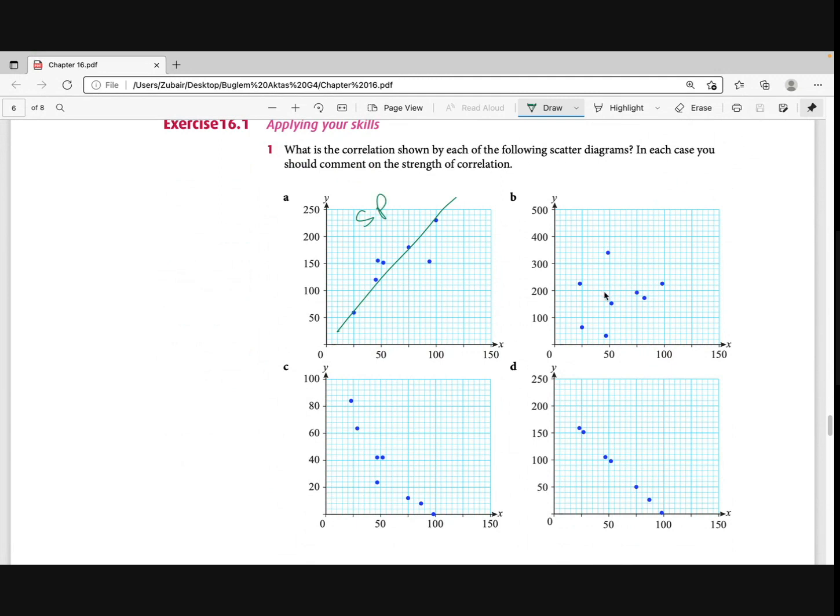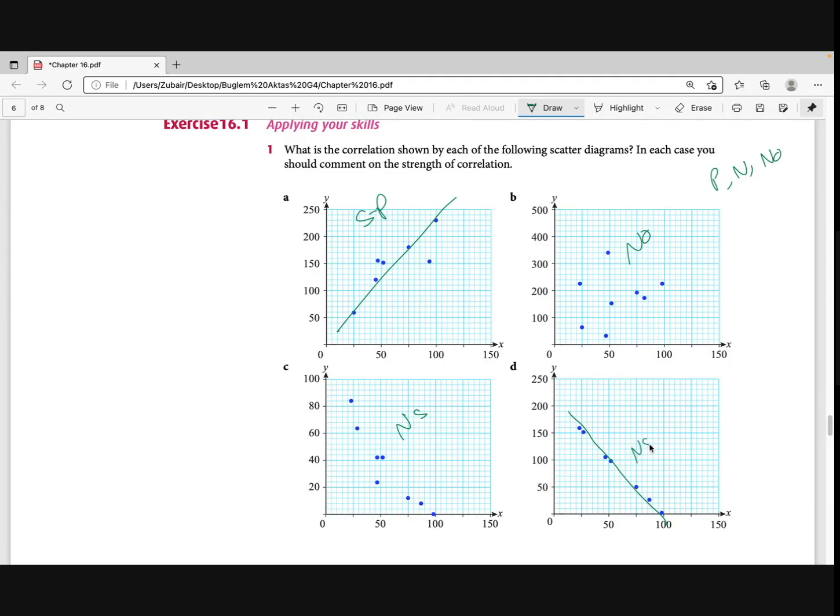Second one, weak positive. We had options positive, negative, and no correlation. Then no correlation. And C part, negative, strong. D part, negative, strong still.